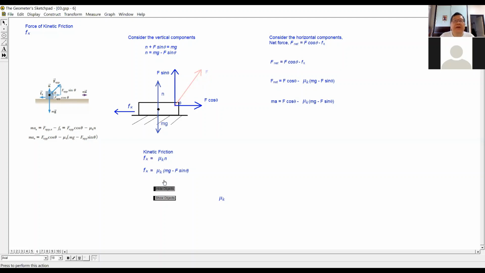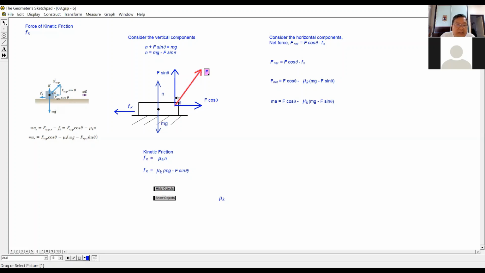Okay, so I'm going to hide it. Why do I want to hide this? Because this force, I'm going to resolve it into two components: the vertical component and the horizontal component. The angle here is theta. The component adjacent to this angle is F cos theta.